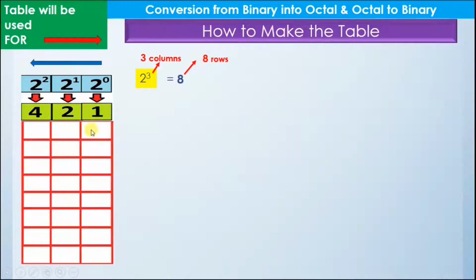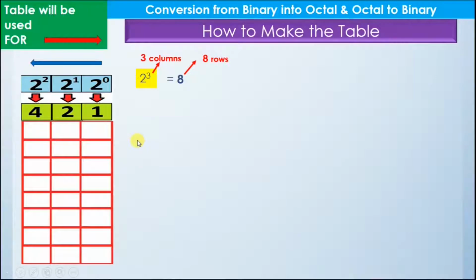So if the value in the box is 1, that means the value is 1. If the value in the box is 0, that means the value is 0. So here in this box, if the value is 1, that means the value will be 4, not 1, because 4 is at the top of it, so 4 will be the value.